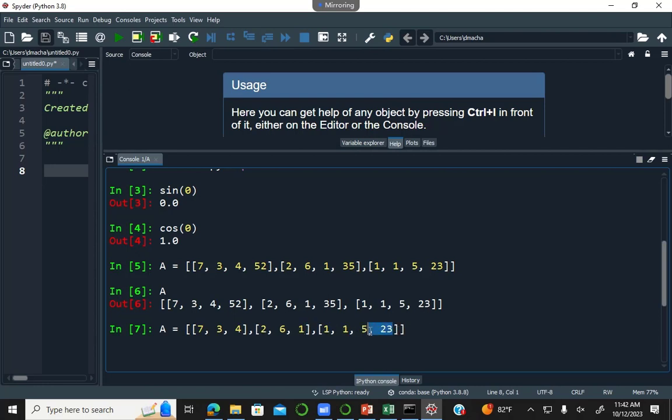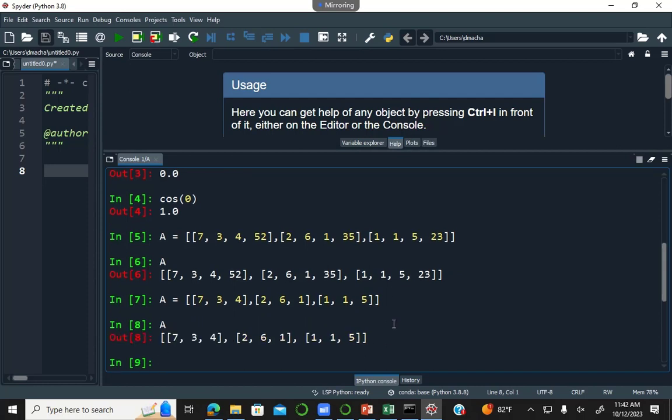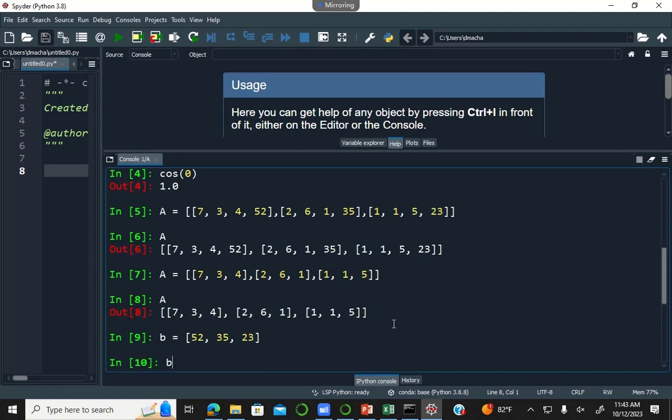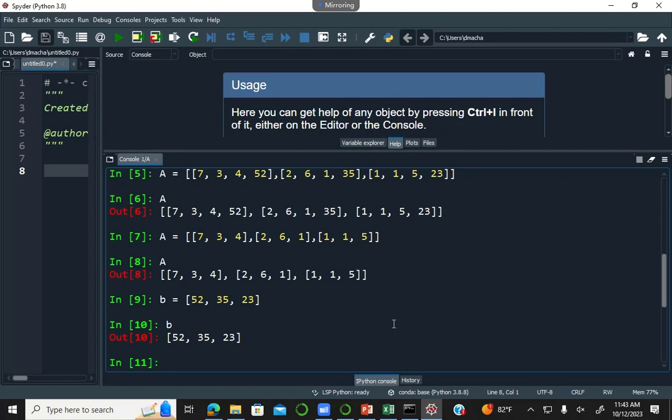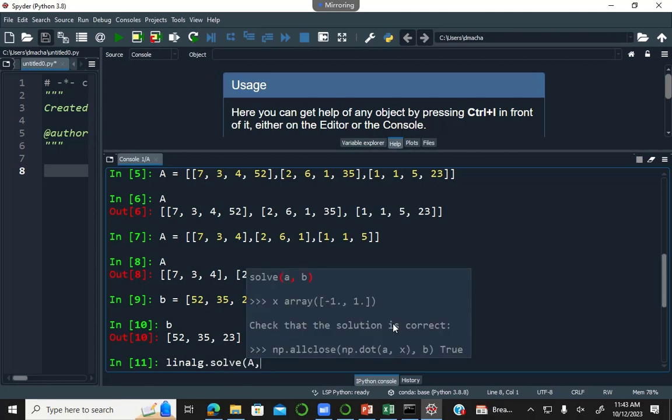That's going to be my new matrix. And then we're going to define a vector b, and my b vector is going to be 52, 35, 23. There we go. So I've got a matrix A, I've got a vector b. Now I want to do linalg dot solve A comma b.